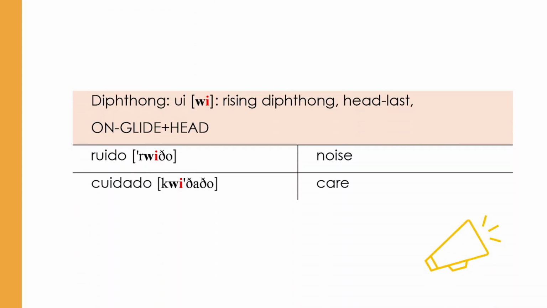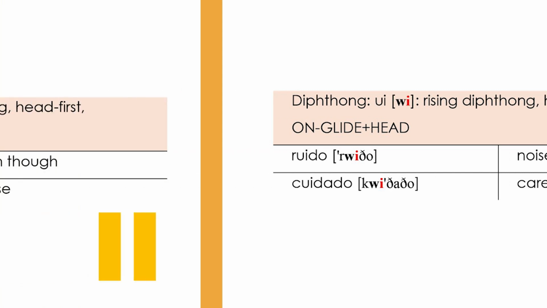Here, there's a bit of a difference because we have a rising diphthong. "Ruido, cuidado." So here, the word "ruido" is two syllables, it's not three, because it's a diphthong, a rising diphthong. It has an on glide and then the head.